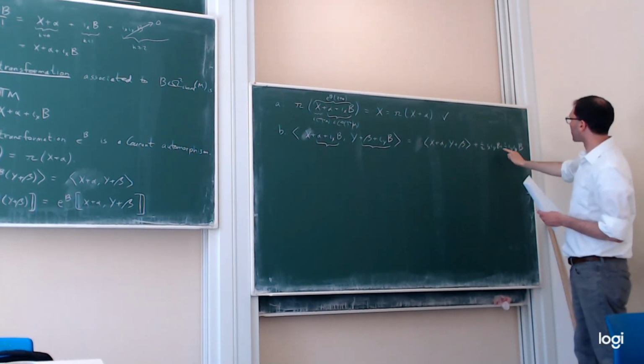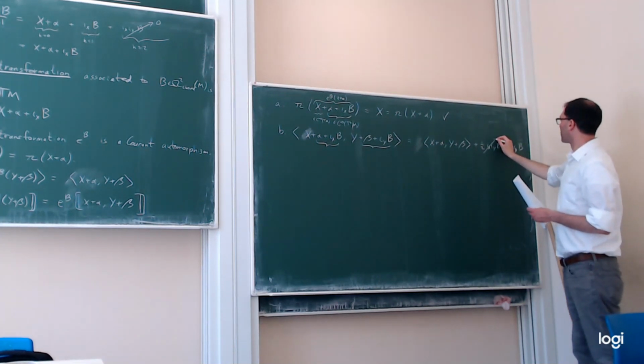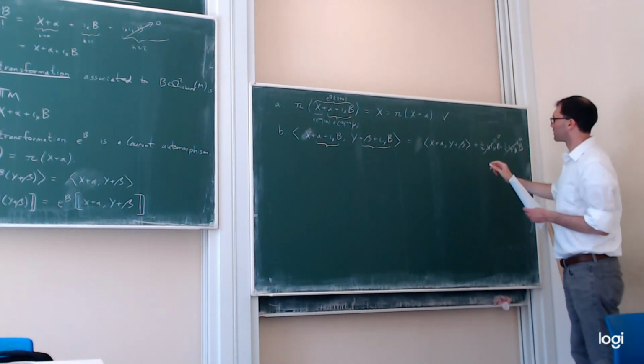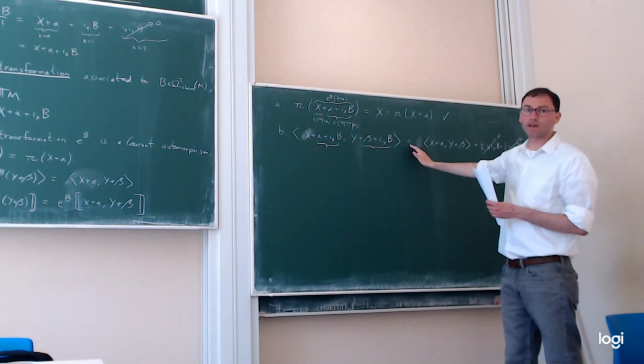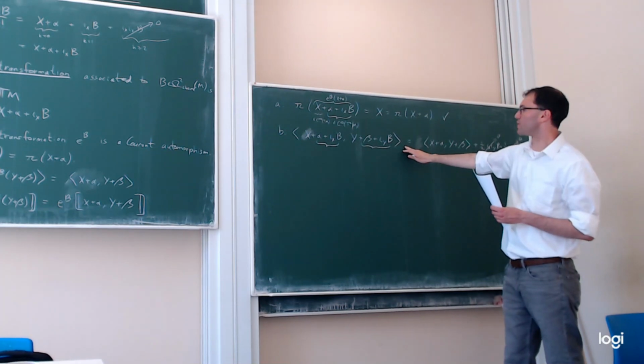And these are the negative of each other, so they go to 0. And then the equality that remains is that which we intended to show.